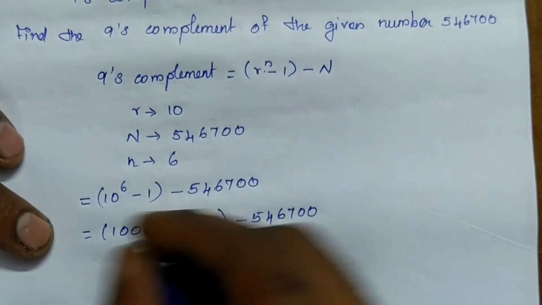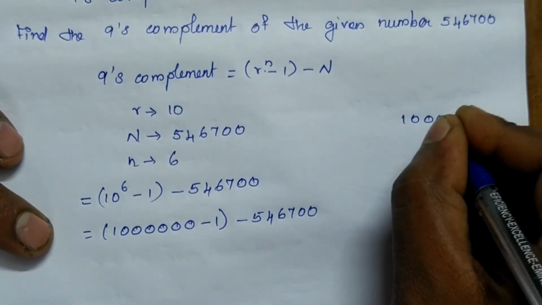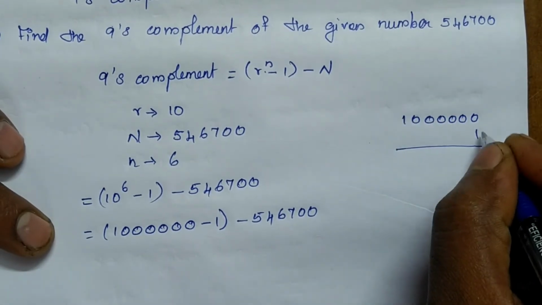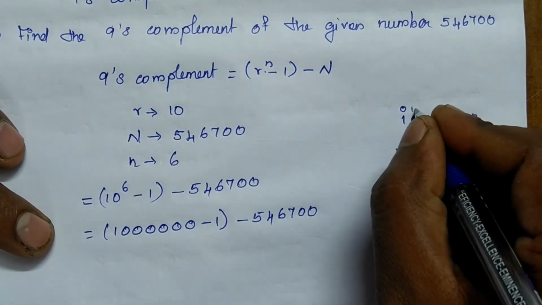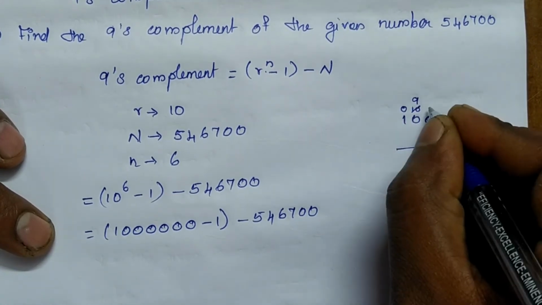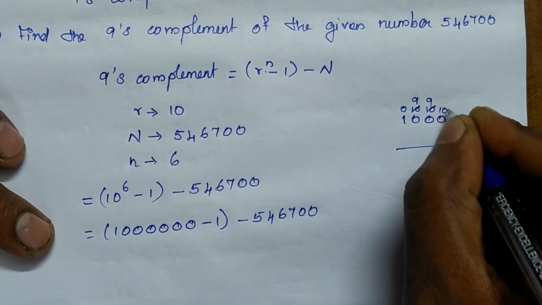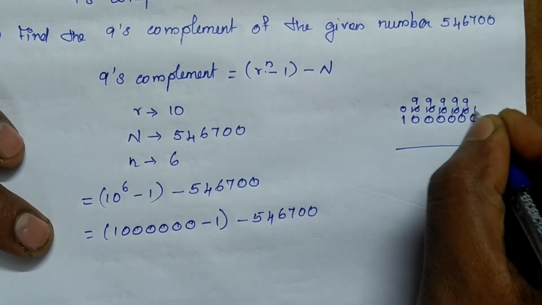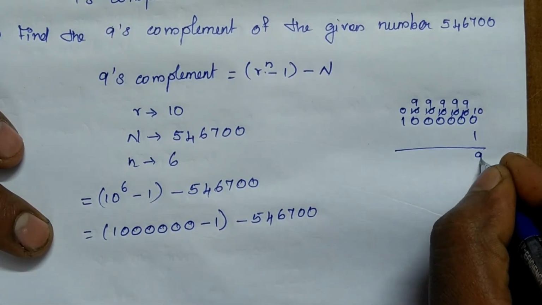If you subtract 1 from 1, 0, 0, 0, 0, we cannot subtract, therefore we need to borrow. If you borrow 1, here we will have the value 0, which will be equal to 10. Again we borrow 1, therefore here the value is 9, and here the value is 10. It moves on, therefore 10, 9, 10, 9, 10, 9. Finally here we will have the value 10. So 10 minus 1 is equal to 9.